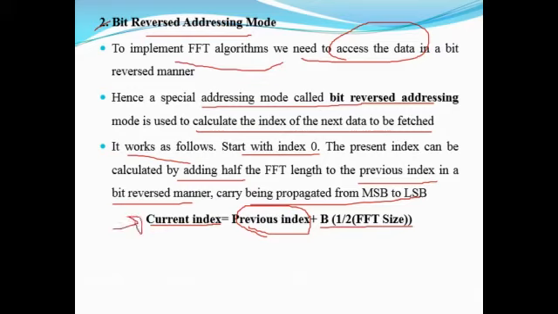So you can see the current index is the previous index plus B, where B stands for binary, of half of FFT size. If FFT size is 8, half of FFT size will be 4. So the binary value of 4 will be added to the previous index to get the current index.